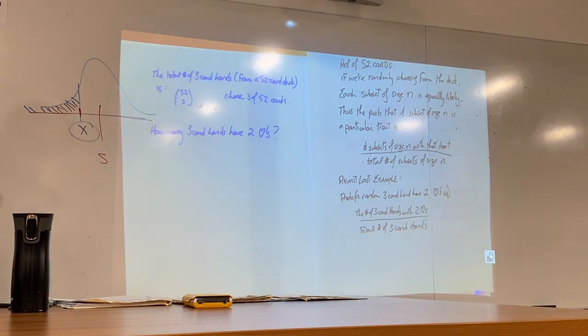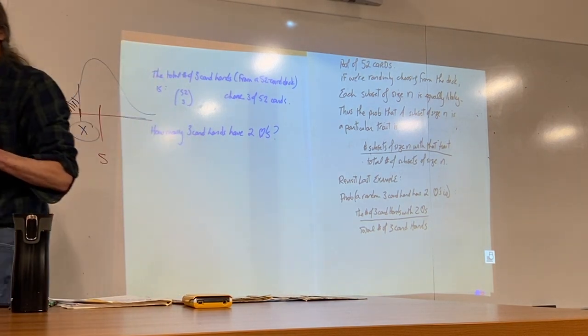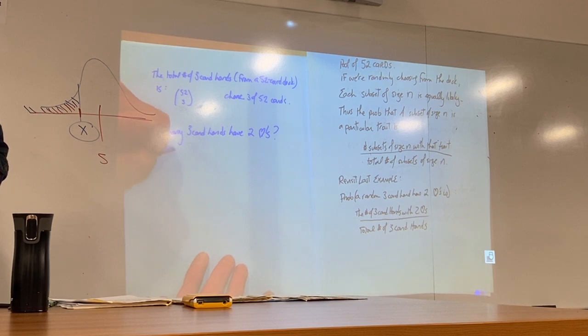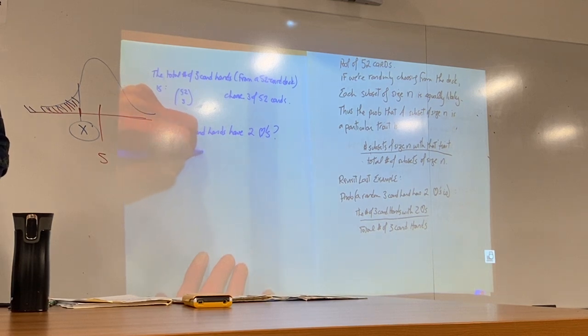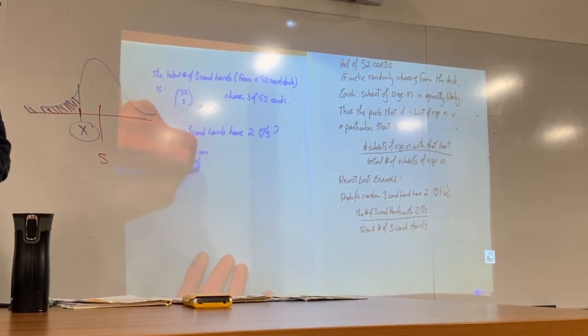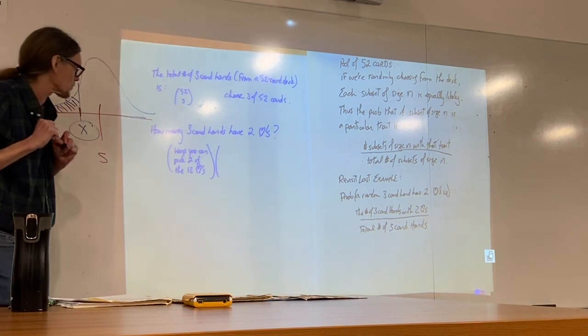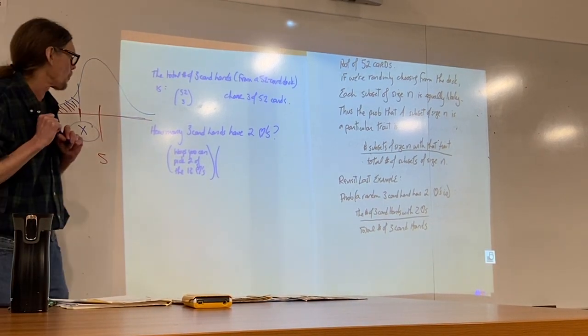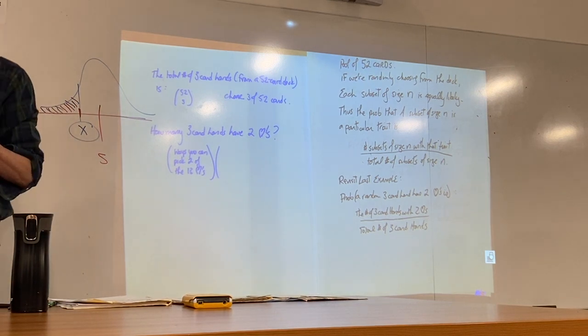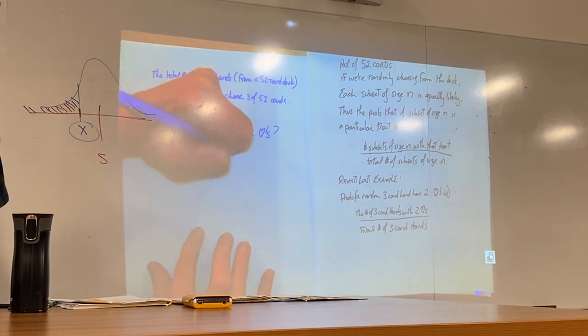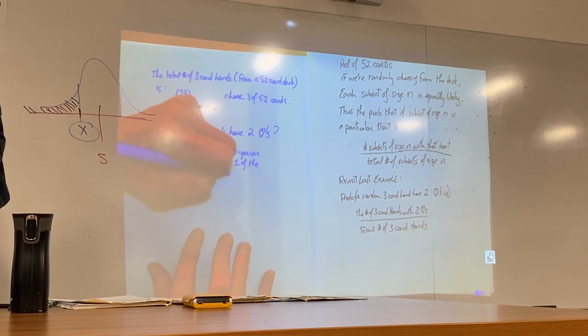Again, order doesn't matter, but it's the ways you can pick two of the 13 hearts, times, because it's that multi-stage multiplication rule, the number of ways you can pick one of the non-hearts.